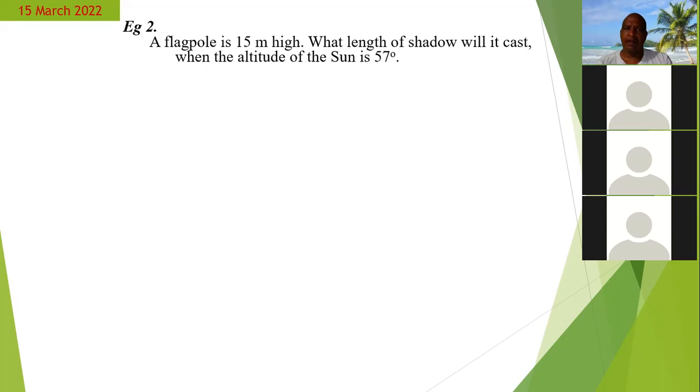Will that be angle of elevation or angle of depression, guys? It's not a trick question, somebody can answer. If you're looking up, guys, what angle would that form with the line of sight? Horizontal. So that would be angle of elevation.